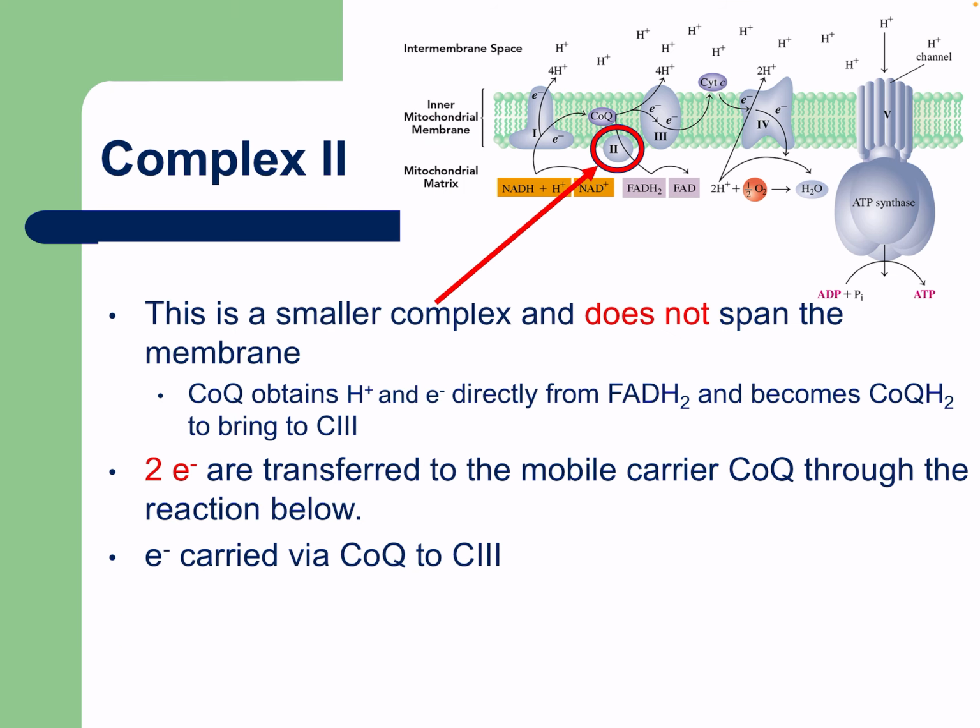So complex 2. This is a similar complex and does not span the membrane. We can see a lot of these are transmembrane, or span the entire membrane, but complex 2 does not. So coenzyme Q obtains hydrogen ions and electrons directly from FADH2. It becomes coenzyme QH2 to bring to complex 3. 2 electrons are transferred from the mobile carrier coenzyme Q through the reaction below.